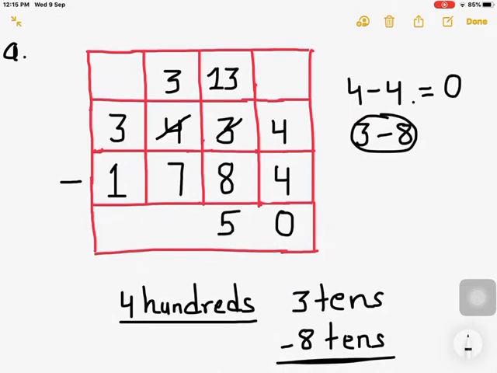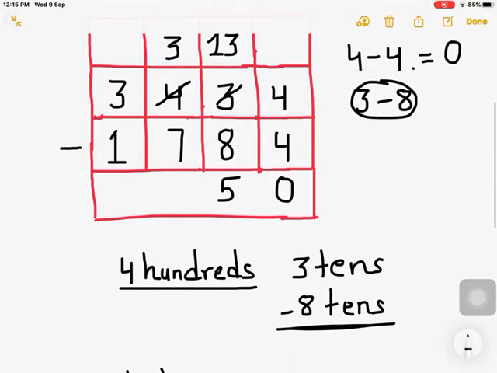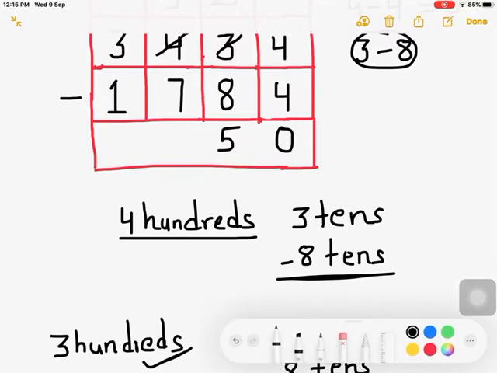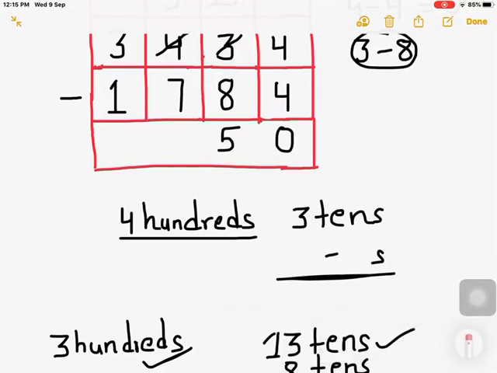Again, here you can see we have to subtract 700 from 300. It is 300, so it is impossible to subtract 700 from 300, isn't it? Now let me rub this so that I can show you here.